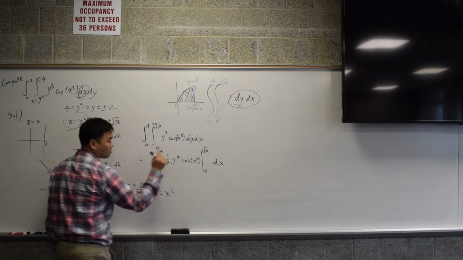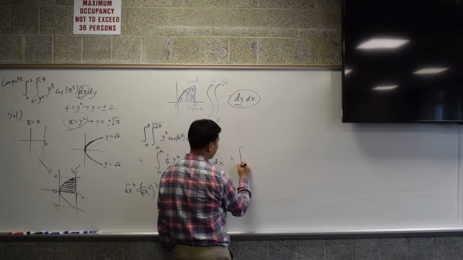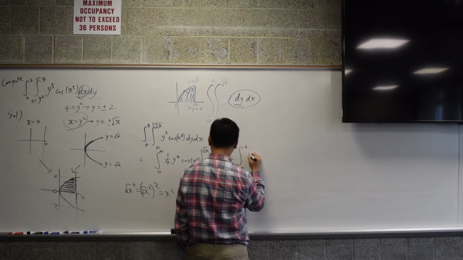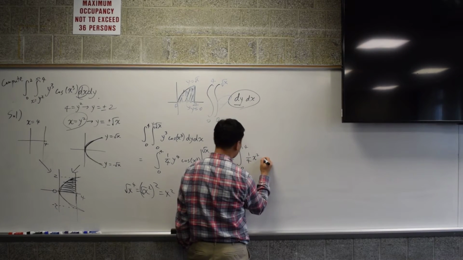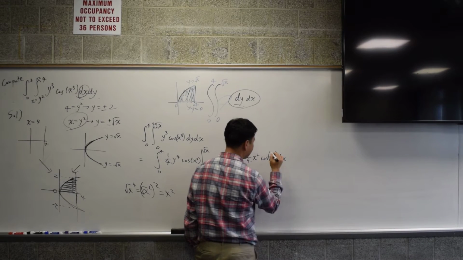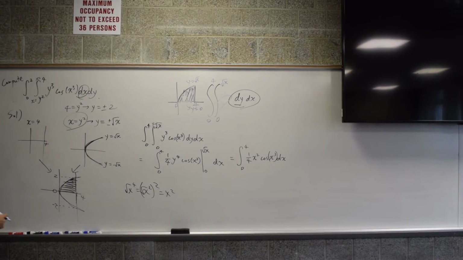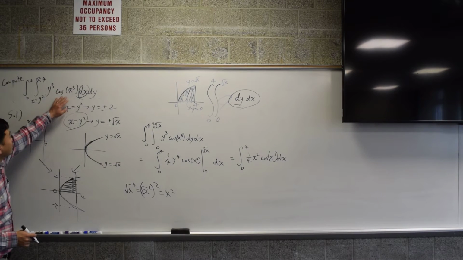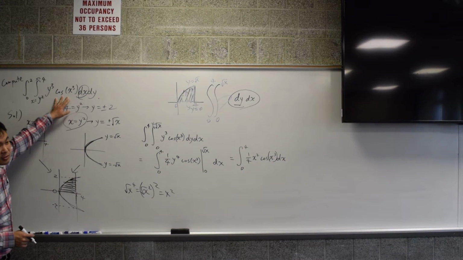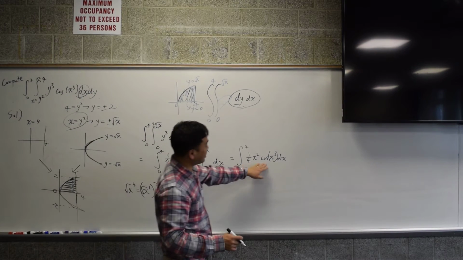When 0 goes into y, that's 0. Therefore, you end up with, from 0 to 4, 1/4 x squared cosine x cubed dx. And now we have to integrate that. Whereas trying to integrate cosine x cubed itself is impossible with any methods, now this is possible.